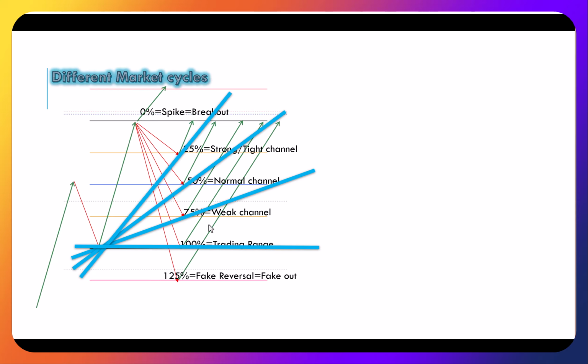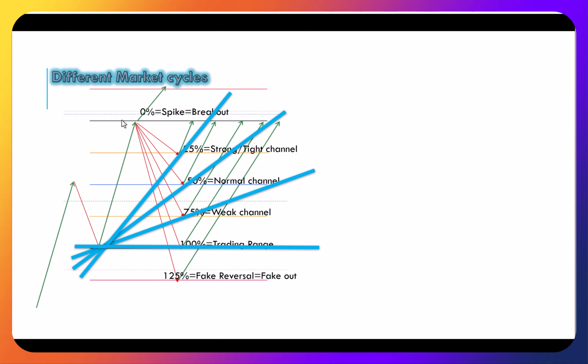So why are these important? Why do we waste our time on this material? The point is that for each of these, we have different kinds of entry. You cannot behave the same way when the market cycle is choppy or sideway, and you cannot do the same thing when it is a tight channel or spike.